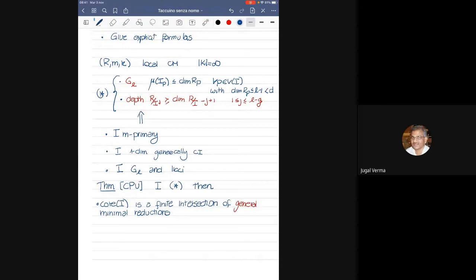If you take general minimal reductions J_1, ..., J_t, J_{t+1} of I, and you intersect first t of them and then intersect with the (t+1)-th, and you obtain the same thing, so it stabilizes, then this tells you that you have already reached the core.